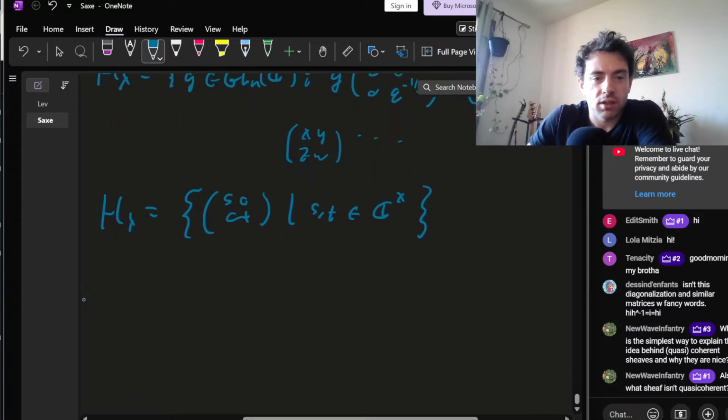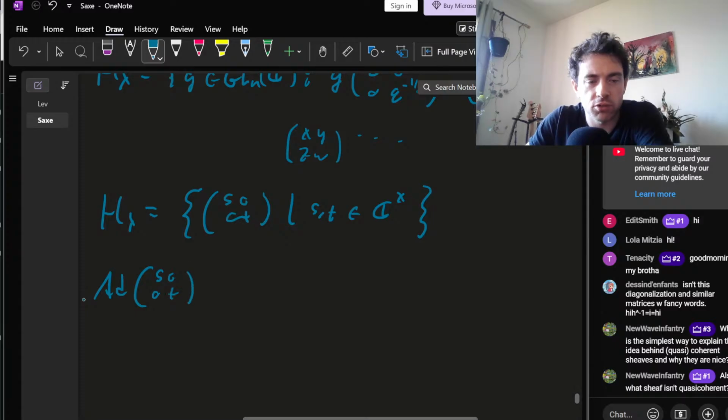And of course, why are these the only orbits? So how does conjugation by this matrix act on this matrix? Well, it's just s x t inverse.